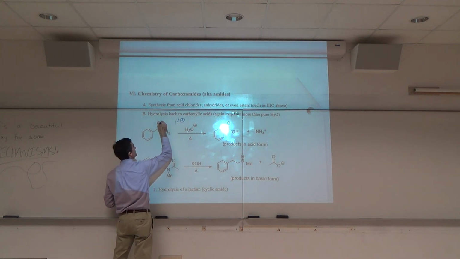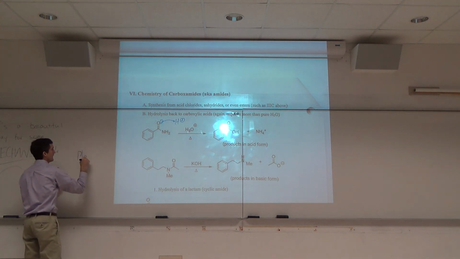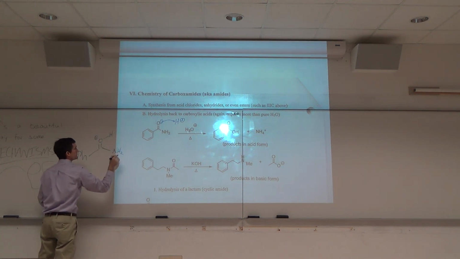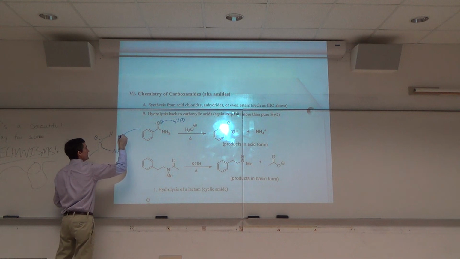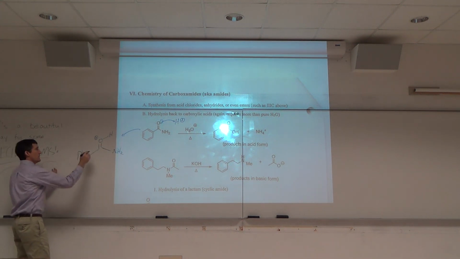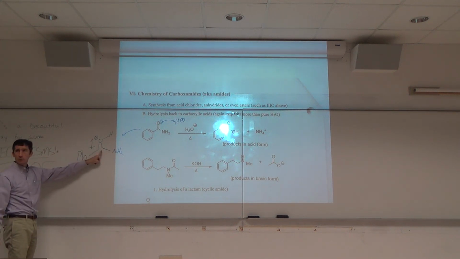Anytime you're under acidic conditions doing carbonyl chemistry, the first step is to protonate the carbonyl. Protonating the carbonyl makes it more electrophilic, because this oxygen is now pulling harder, making this carbon more partial plus.